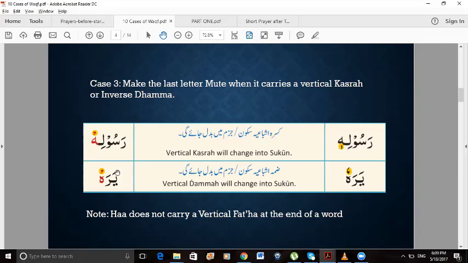Now you would read this as Yarah. So you just have a hint of the ha at the end of both of these, but you're not reading the full he or hu. Now those are the 3 cases that you will learn today.